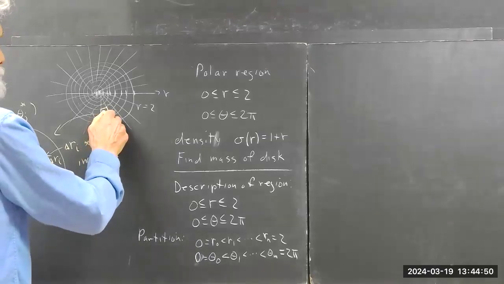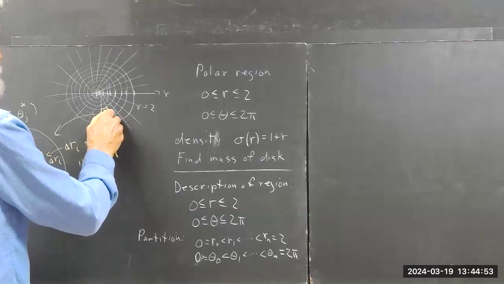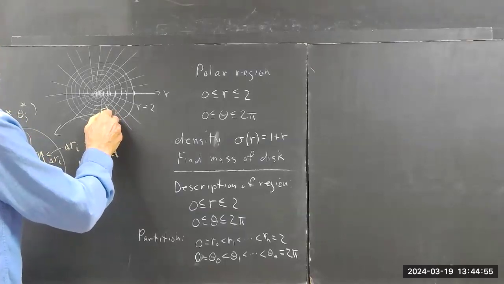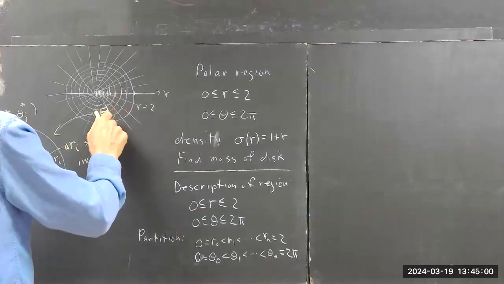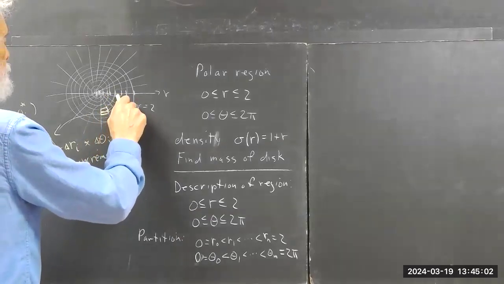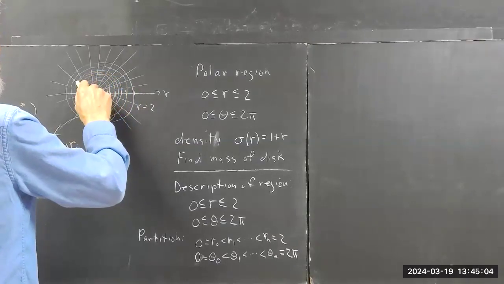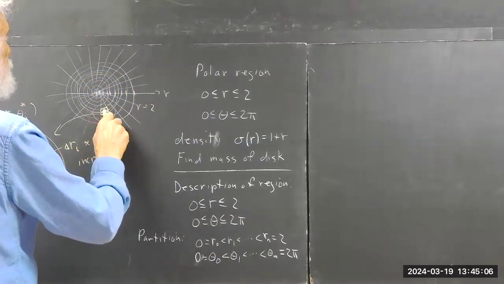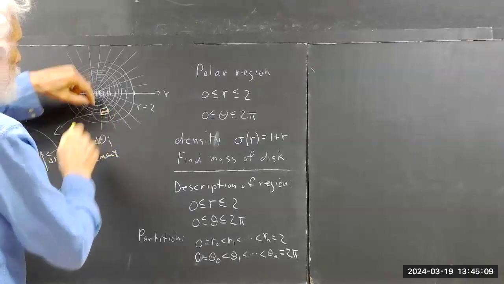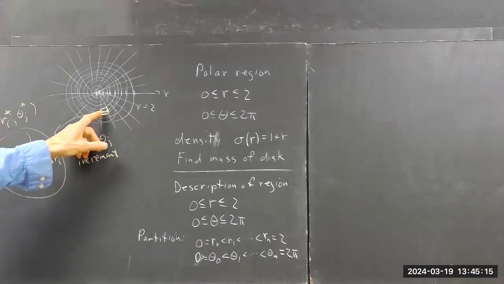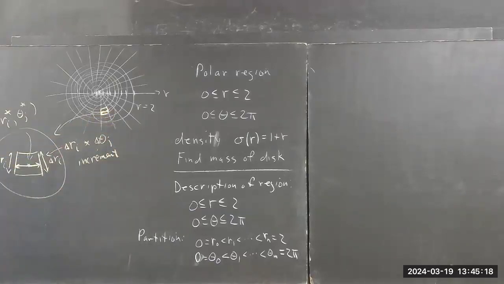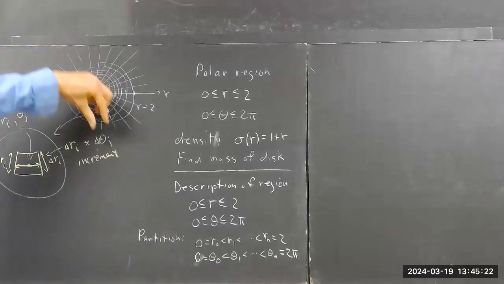If we look at this dimension here, it's pretty much the same as an arc. So you have a circular arc around here, and it's a little part of that circular arc, isn't it? Well, what's the arc distance on a circle in terms of your delta theta?